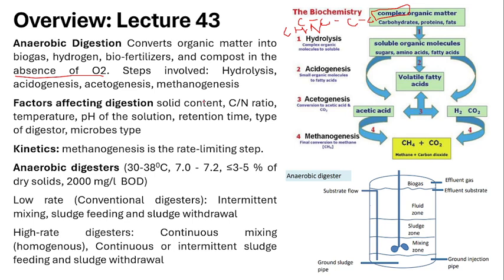Since the microbial action is for the production of these value added compounds, the microorganisms cannot take this complex organic matter as a substrate for conversion into useful products. So simpler molecules are required for uptake by the microorganism. So in the hydrolysis process, these complex matters like carbohydrates, proteins, and fats are converted into soluble organic molecules, which are easily assimilated by the microorganism.